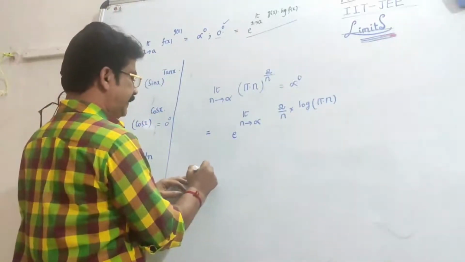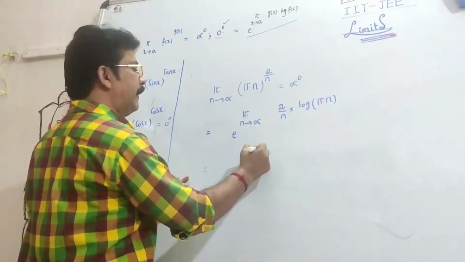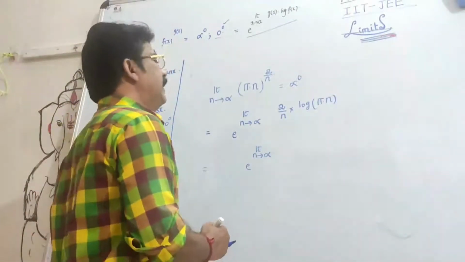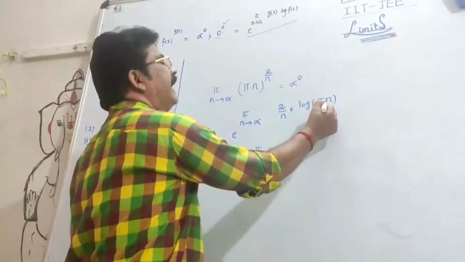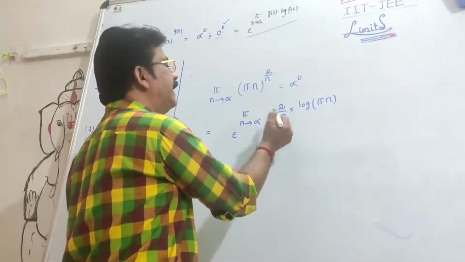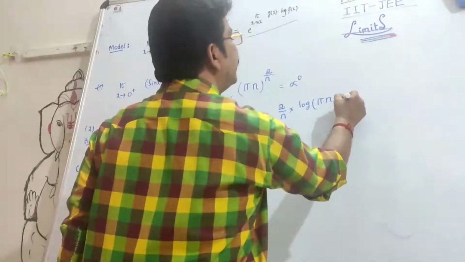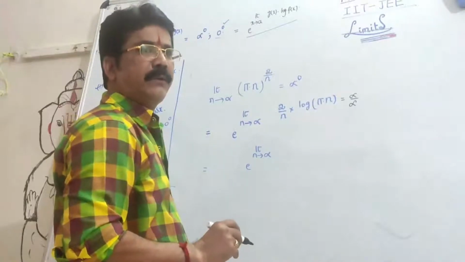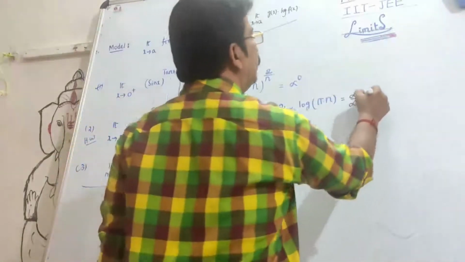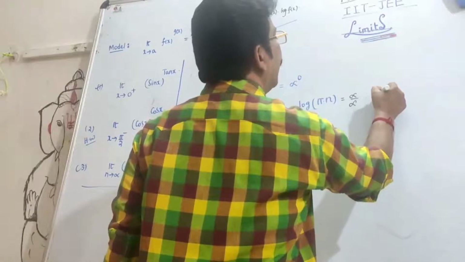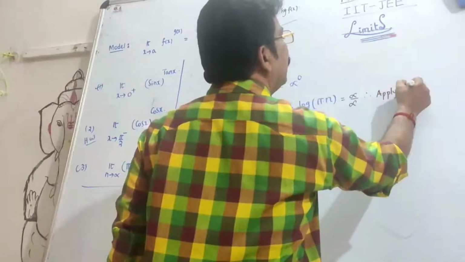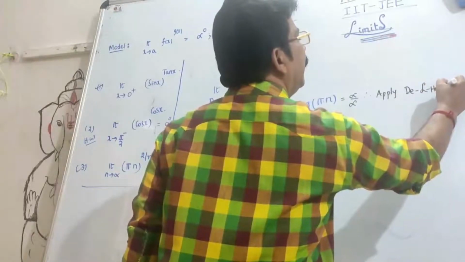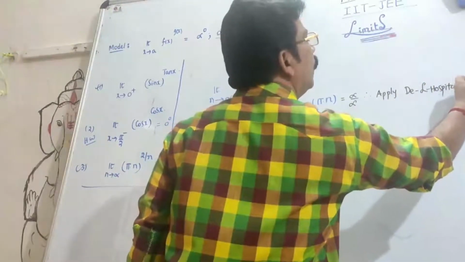Now that is equal to e power limit n tends to infinity. Here log infinity is not defined, infinity divided by infinity. Of course it is infinity by infinity by substituting n equal to infinity directly. So therefore apply here the L'Hospital rule.